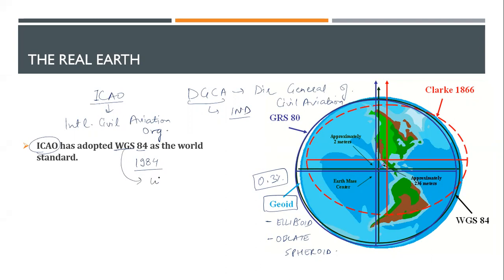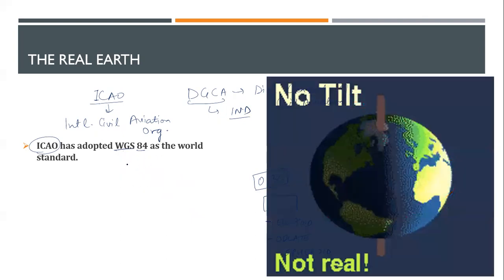WGS stands for World Geodetic System. I'll explain what geodetic is in this chapter only. World Geodetic System 1984 was decided as a standard, and everyone in the world using the ICAO procedures will follow this. So this is a fact.